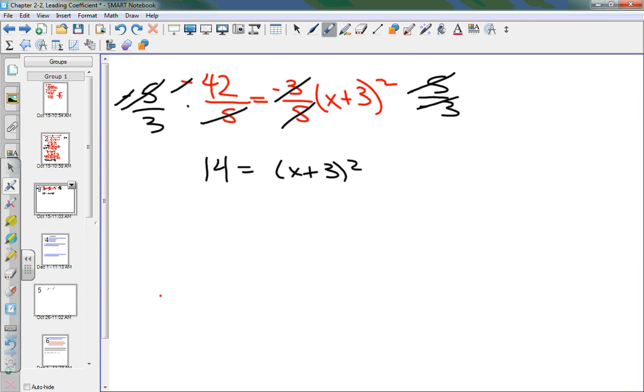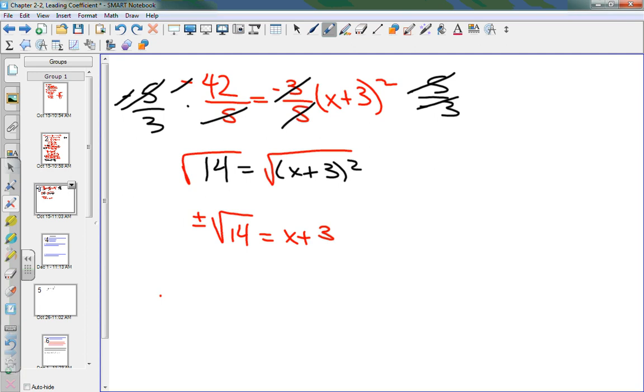Square root of x plus 3 squared. I'm solving for x, so I have to take the square root of both sides. So I have plus or minus the square root of 14 is equal to x plus 3. What am I solving for?